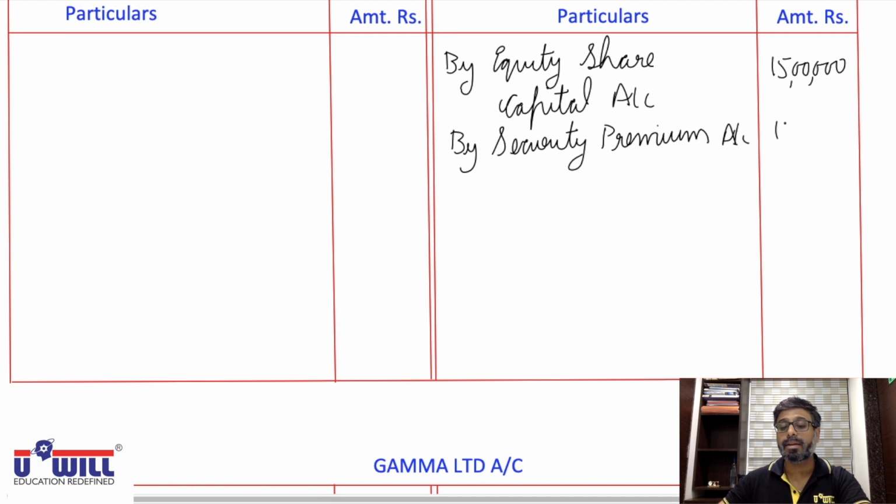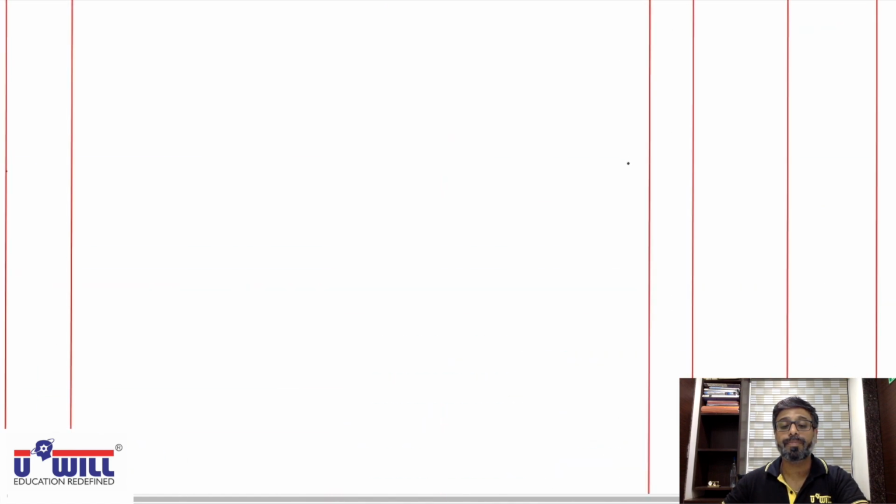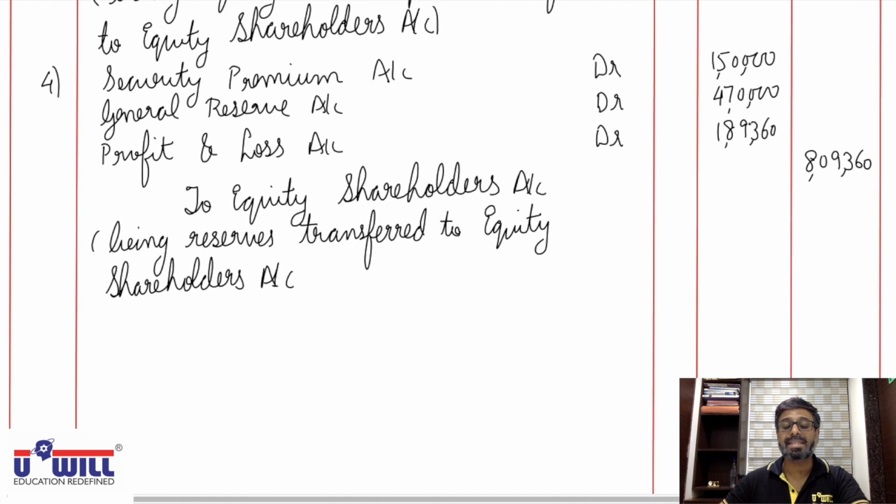Then by general reserve account. Now by general reserve, what amount? 4,70,000.